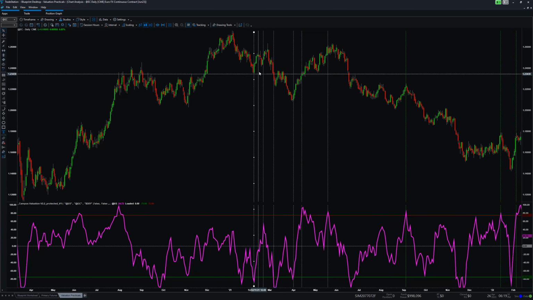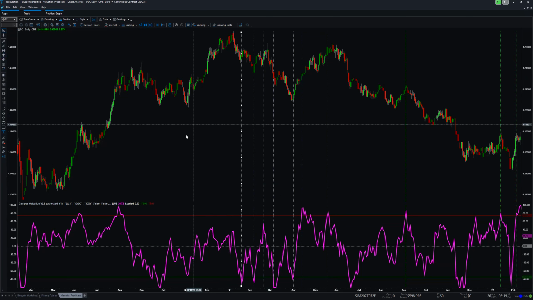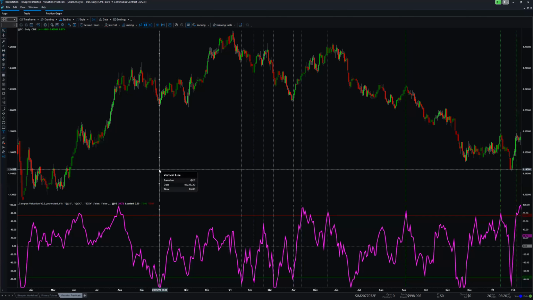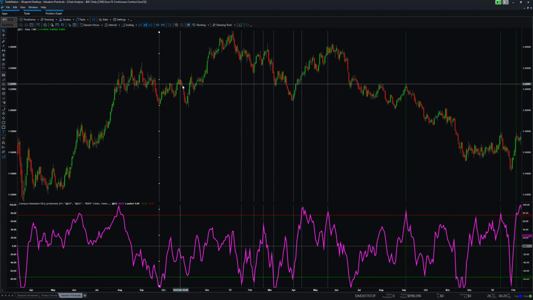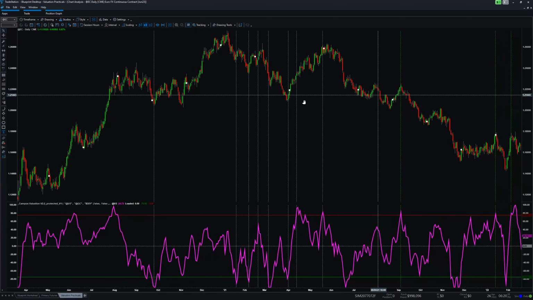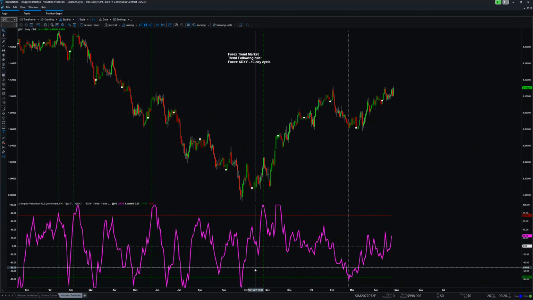Here we're undervalued, that works. Here we're undervalued, that doesn't work. And then here we have a clear trend again, where if we get undervalued readings, it's working a lot better than if the trend is shifting.